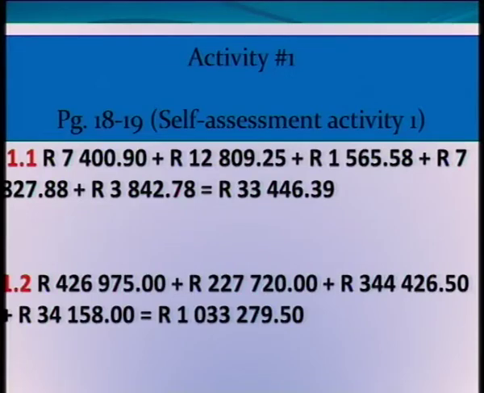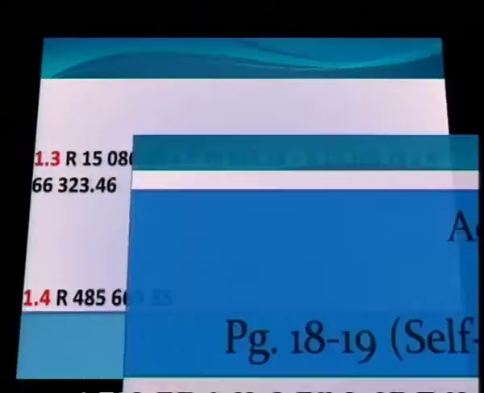Now, when we calculate our owner's equity, we say owner's equity equals assets less liabilities. Assets meaning the accumulated. You will add your current assets to your non-current assets to get your total assets amount. So it will be 33,446.39 plus 1,033,279.50. That's your assets.